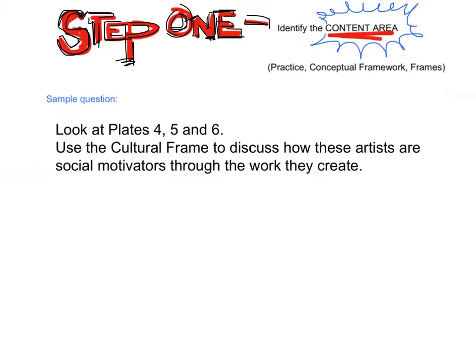This particular question is quite easy in terms of identifying the content area because you are given it immediately within the question by the use of cultural frame. So we then know that the content area is the frames, and obviously the specific area within that is the cultural frame.